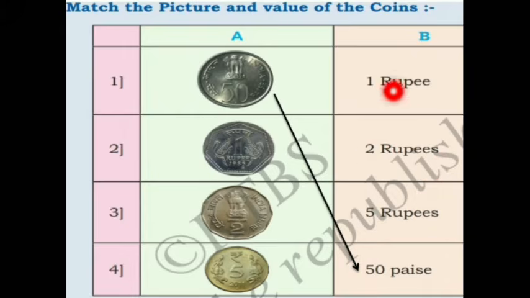Here, where is 1 rupee? Here. So, we should match these two. Next, we have this coin. Which coin is this? Yes, 2 rupee coin. Here, where is 2 rupees? Here. So, we should match these two. Next, we have a 5 rupee coin. Now, we should match these two.